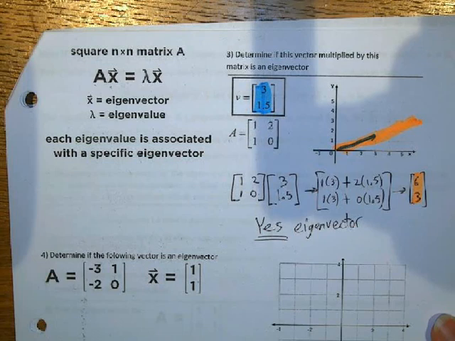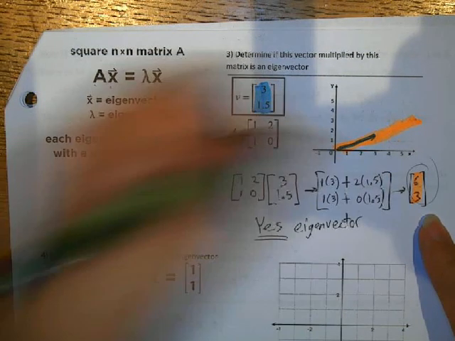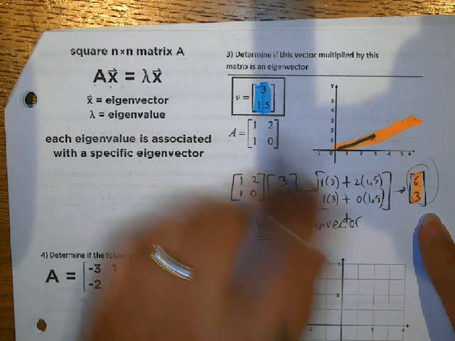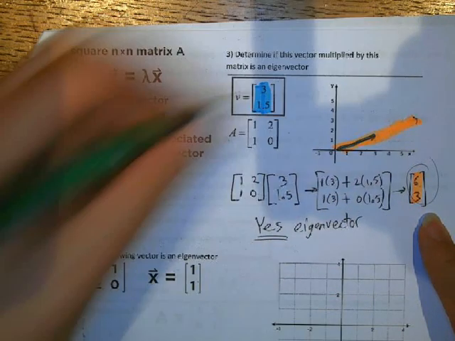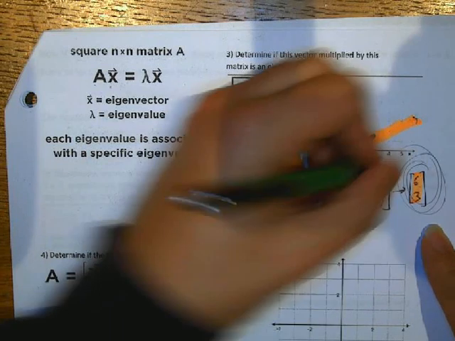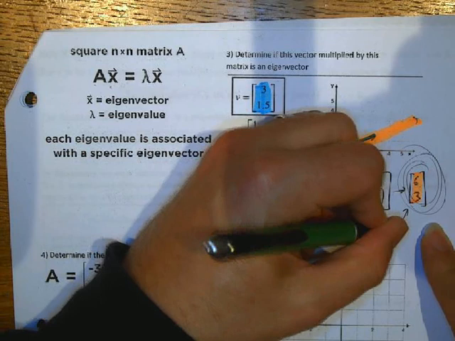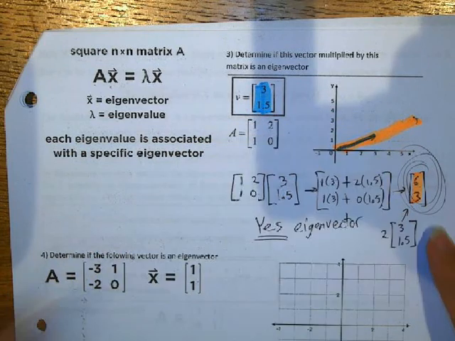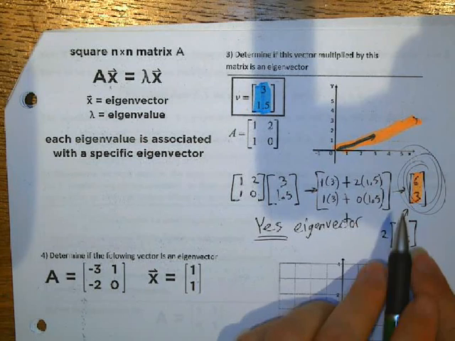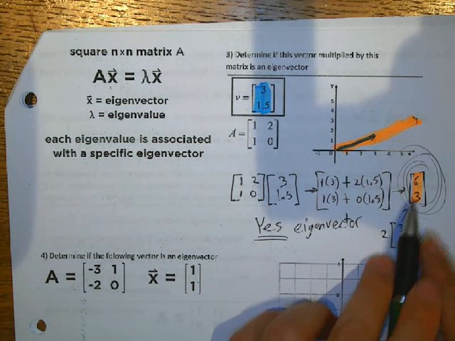And we can also tell that, compared to this one here, it's twice as long, isn't it? So I could rewrite this as 2 times 3, 1.5, because now I've got the original vector, and I've multiplied it by 2 to get this.